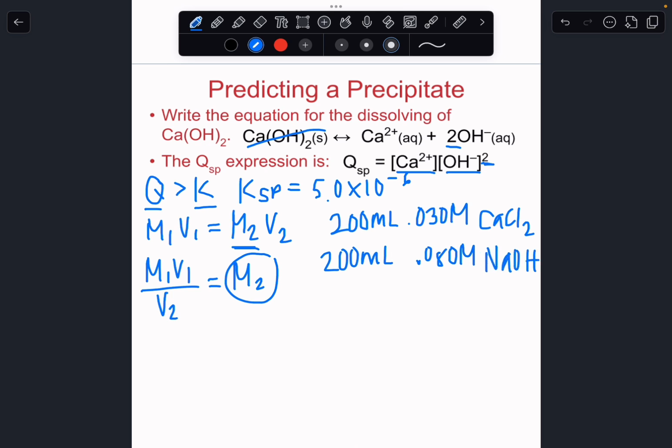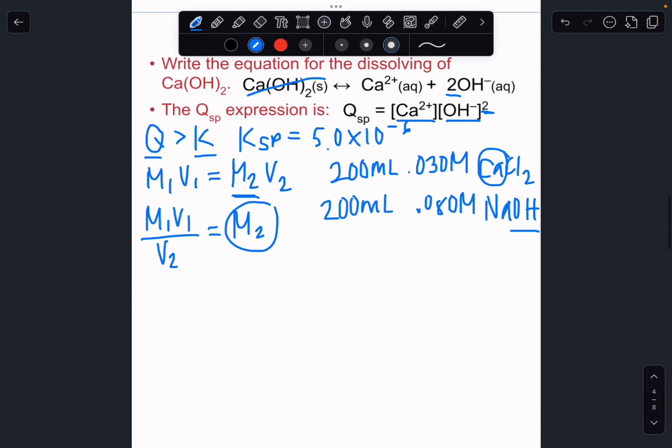And since you're only focusing on OH and Ca here because those are the two ions that would make the precipitate, you want to figure out the M2 of CaCl2 first, so you're focusing on Ca and OH.